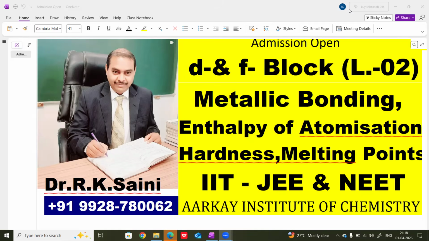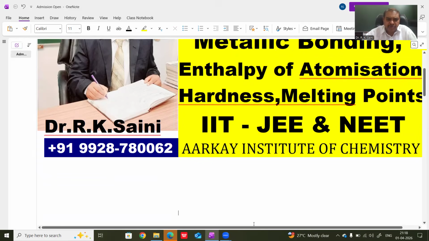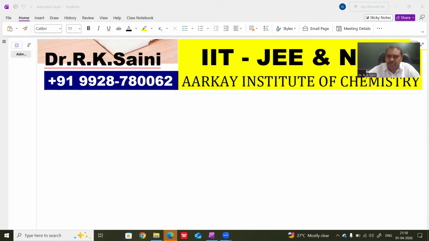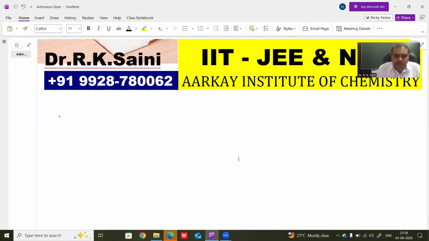Now, let's start with the most important concept, metallic bonding. According to metallic bond, cohesive force between metal atoms takes place. Many theories explain metallic bond formation, but the most important are the electron sea model developed by Drude and Lorentz in the 1900s, and MOT.